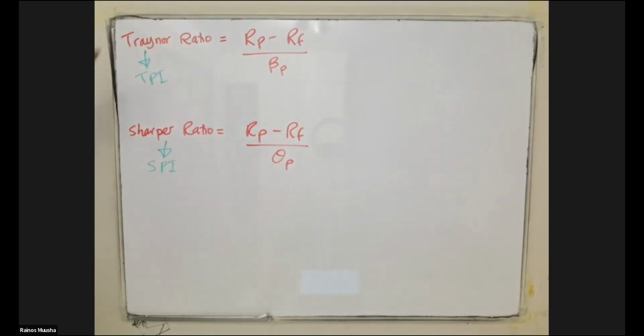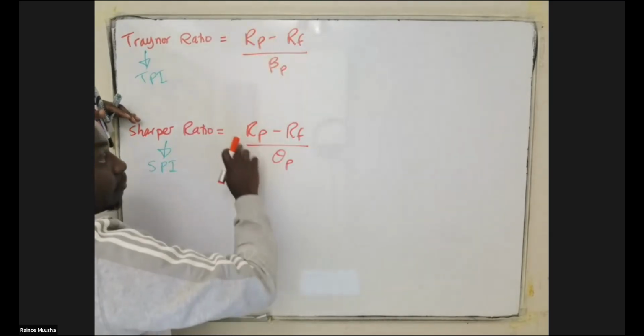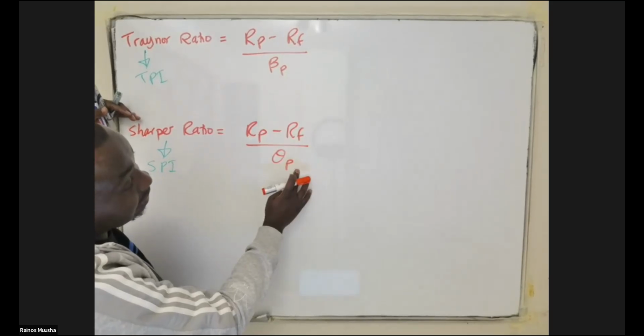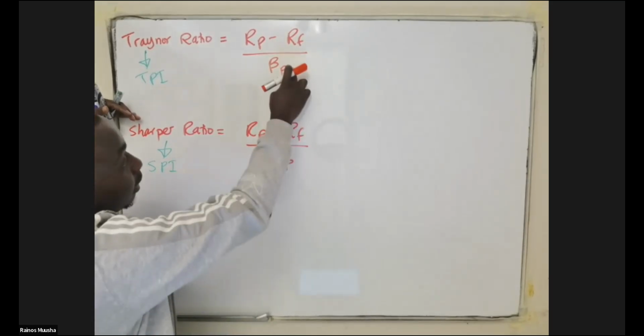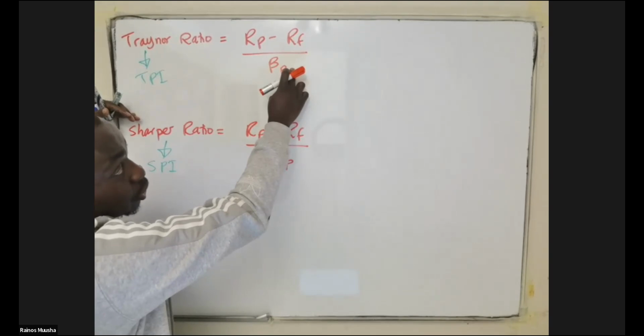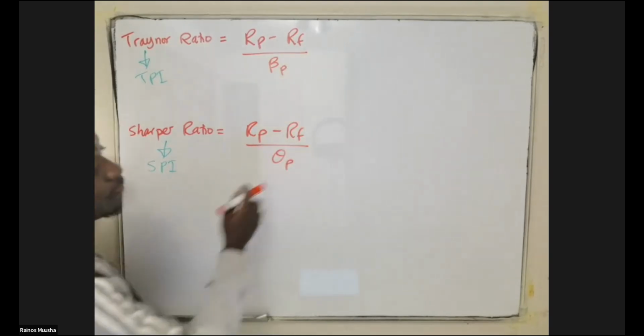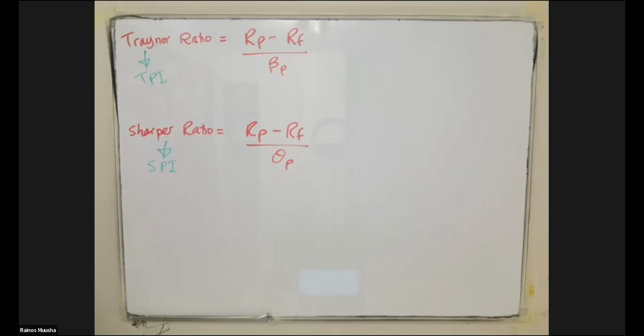Do you see where the Treynor ratio differs from the Sharpe ratio? The numerator is the same, but where they differ is the measure of risk used in assessing the performance. Here, we assume that the relevant measure of risk is beta, and here, the relevant measure of risk is the standard deviation of the portfolio.